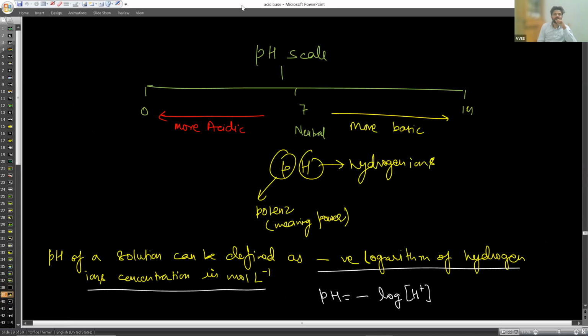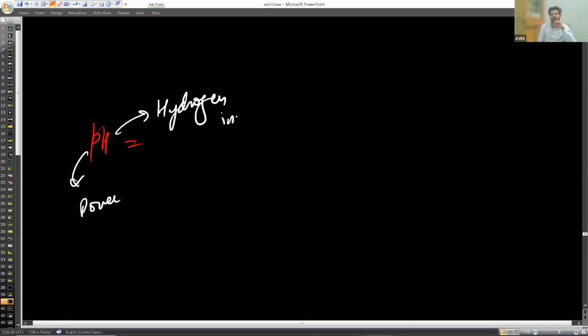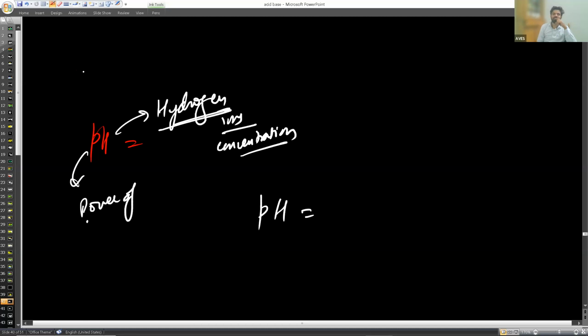So let me explain what is pH. pH simply means P stands for power and H stands for hydrogen ions concentration. So power of hydrogen ion concentration. Okay, so we have pH.